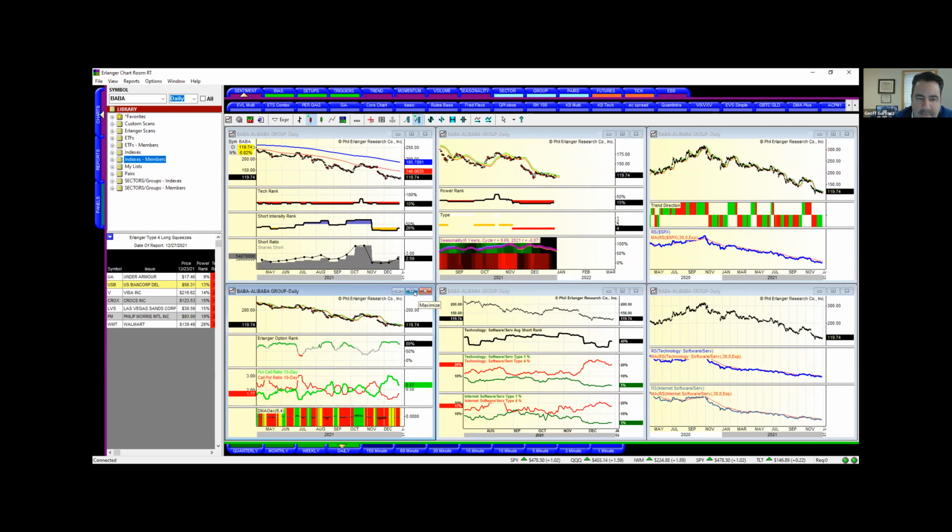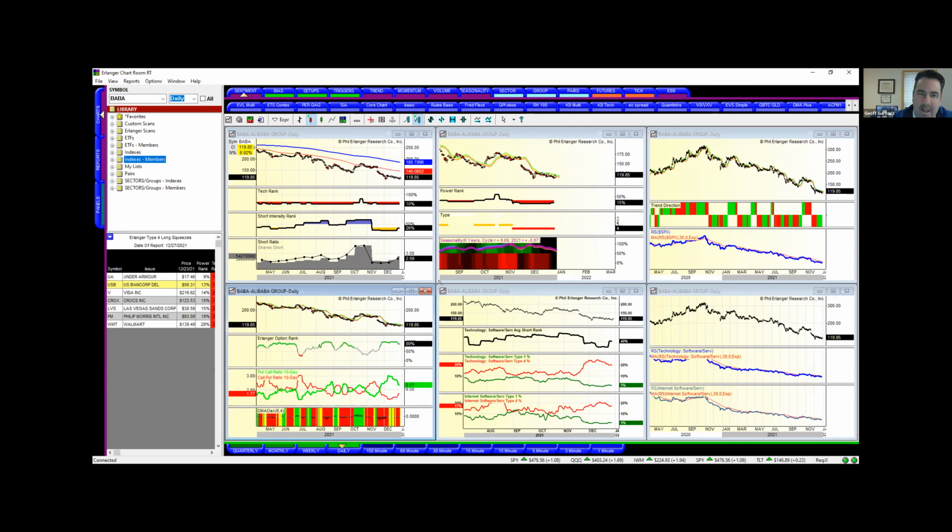So far the type 4s have actually outperformed, which when you think about it makes a lot of sense. A lot of type 4s are actually good companies, so people stay away from shorting. After the market has had a sell-off and you get ready for a bounce, boom, you do. In the 4 weeks since we've been in that buy situation, the type 4s are up almost 7%.